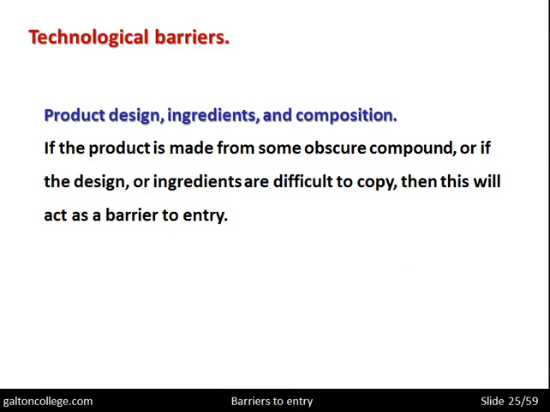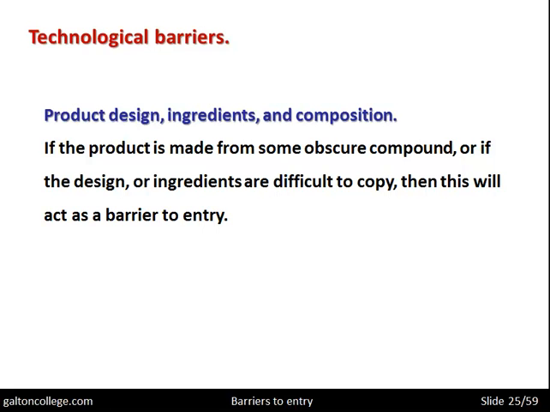There's also product design, ingredients and composition. If the product is made from some obscure compound, or if the design or the ingredients are difficult to copy, then this will act as a barrier to entry. It depends on the nature of the product. If it's easy to produce, there's more likelihood of the companies being able to set up and start production.